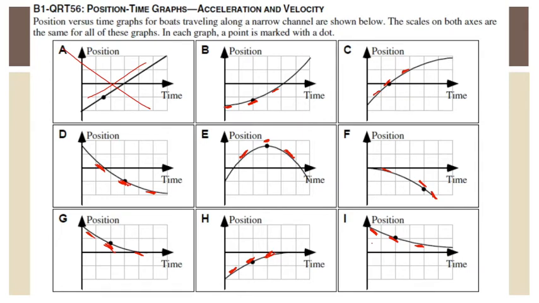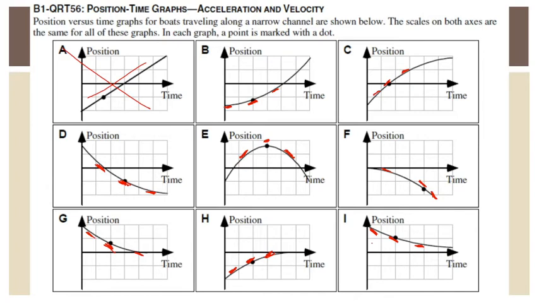But if the initial velocity is negative and the acceleration is negative, the object is going to speed up. So here's the deal. If an object has a negative acceleration and it starts with a positive velocity, the velocity is going to get less positive or more negative. And if the object starts with a negative initial velocity and it has a negative acceleration, the velocity is going to get more negative.